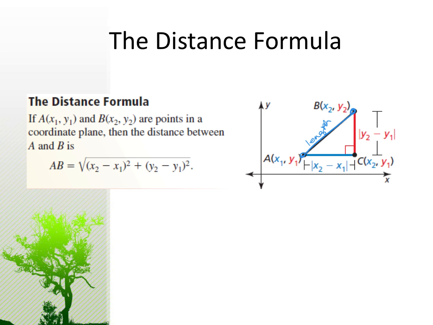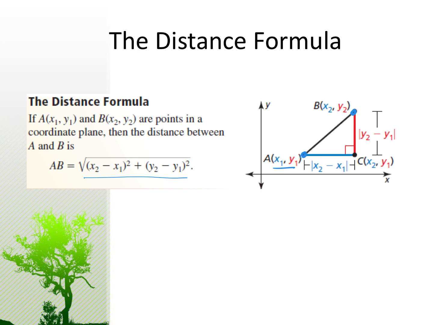Well, again, in this example, they use the x1s and y1s and all that. What they did was they said, okay, point A here, we're going to give it an x and a y value. They did x1, y1. For point B, they gave it a different x and y value. So they call it x2, y2. And what we find is that if we do this formula, we're going to be able to solve for the distance.